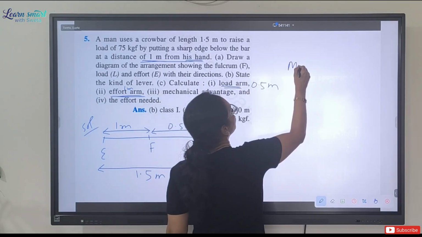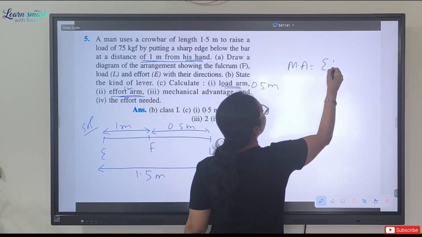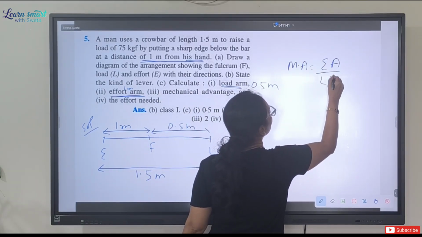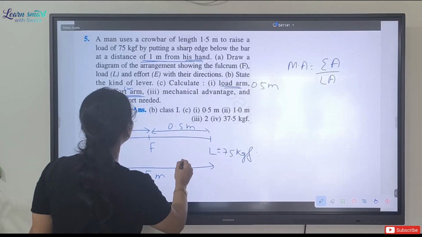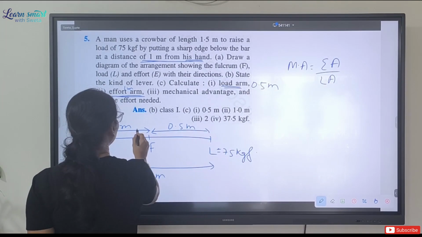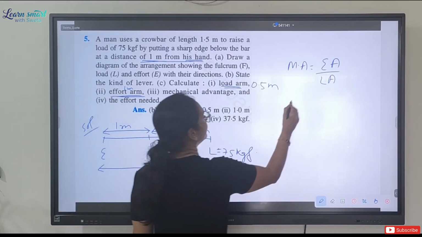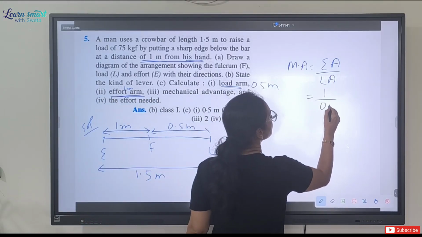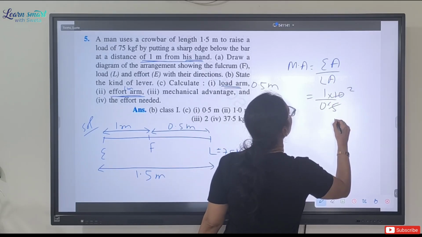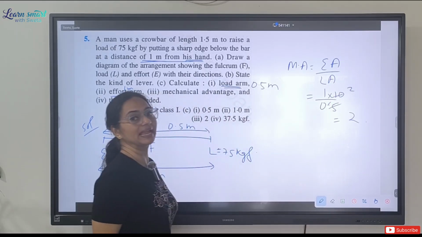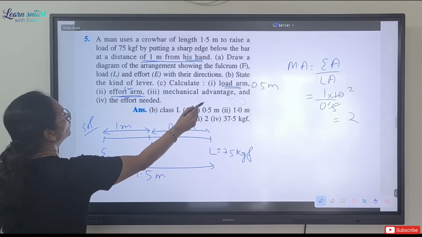So mechanical advantage is equal to length of effort arm upon length of load arm. So effort arm is 1 and load arm is 0.5, so 1 upon 0.5, which is 2. So we are getting the mechanical advantage as 2.